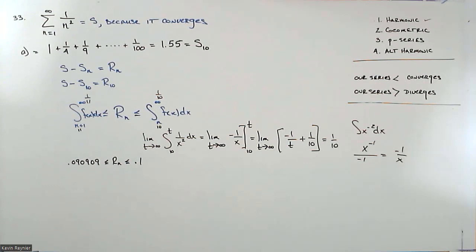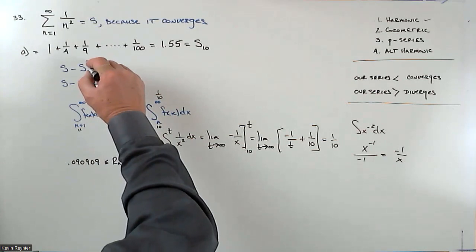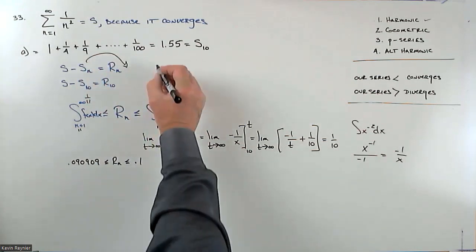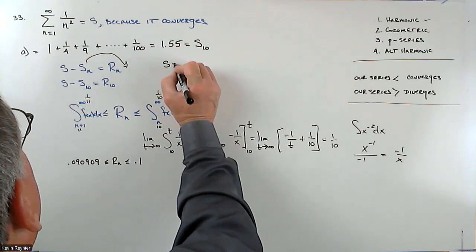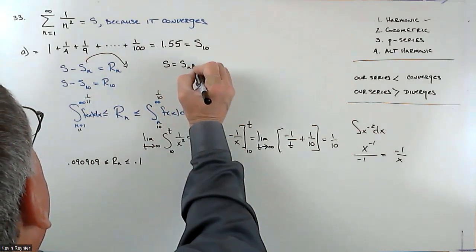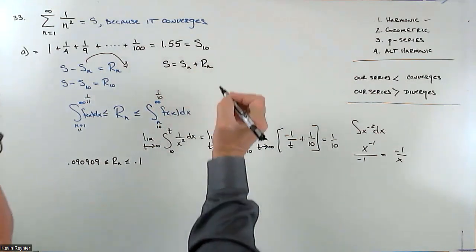The question asked us to use the sum of the first 10 terms to estimate the sum of the series. So we know, based on our arithmetic up here, that if we move this over here, we would have S is equal to S sub n plus R sub n, right?